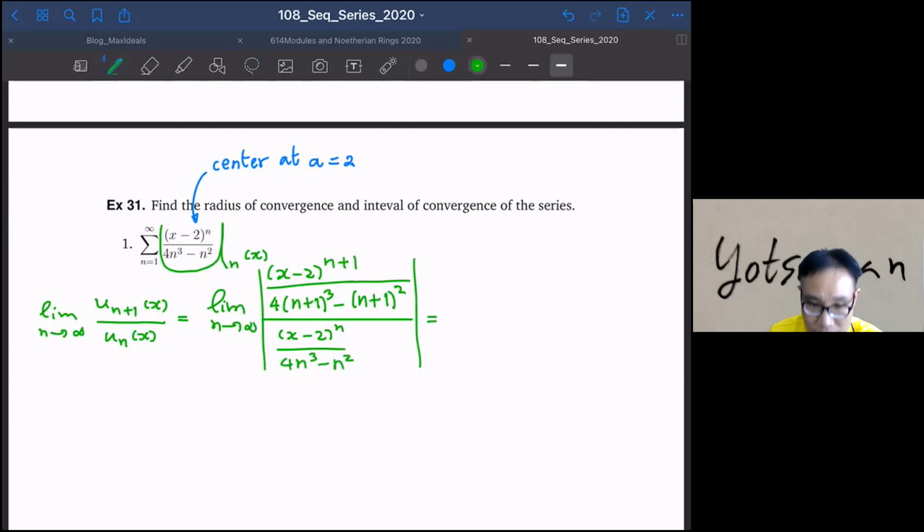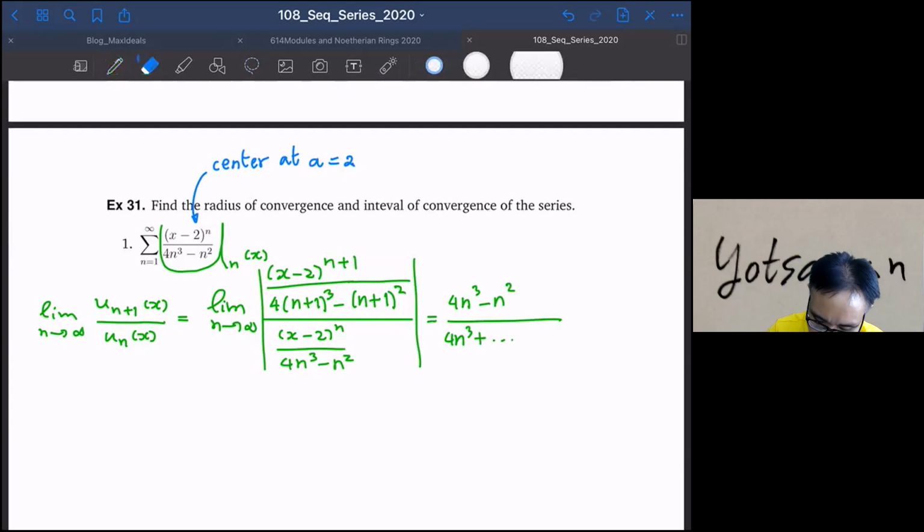This will be given in the way that you get 4n cubed minus n squared on top, and on the bottom you would have 4n cubed plus terms that I don't care about. I'm going to have the highest one turn out to be 4n to the third.